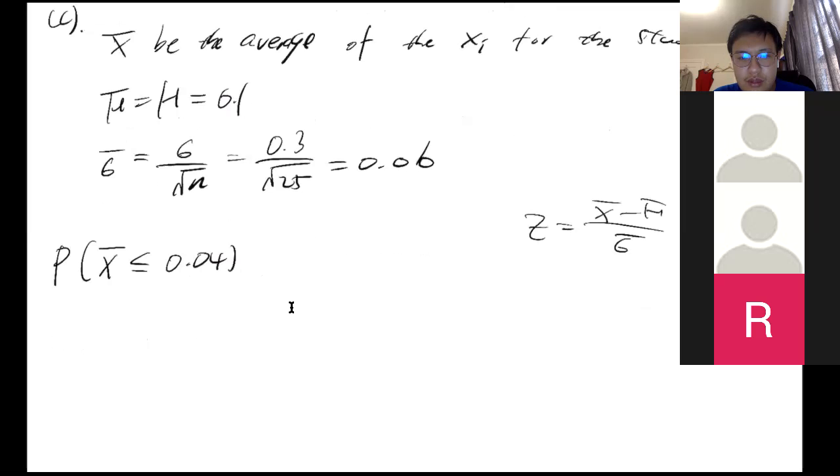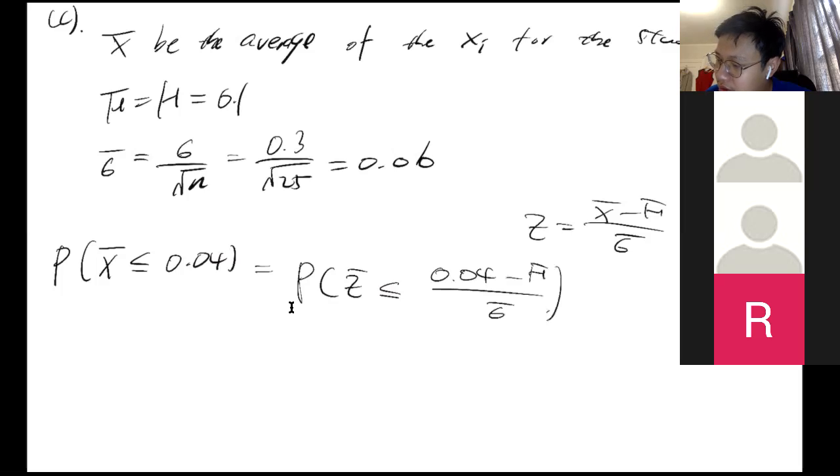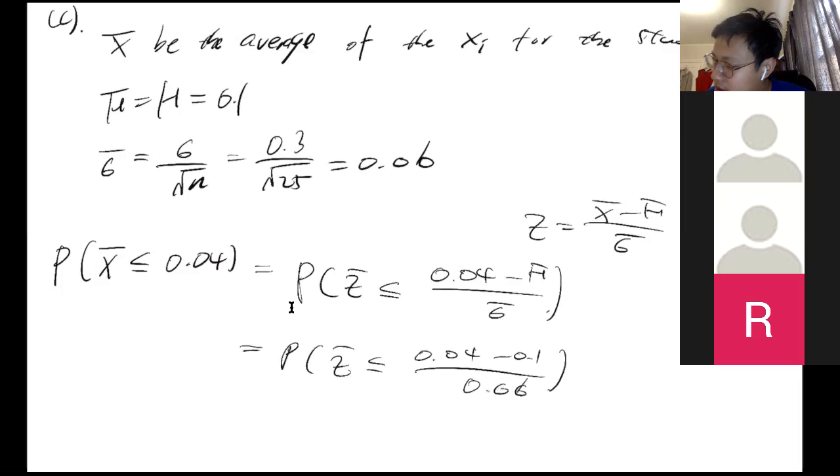So essentially we're calculating the probability of Z less than (0.04 minus 0.1) divided by 0.06.